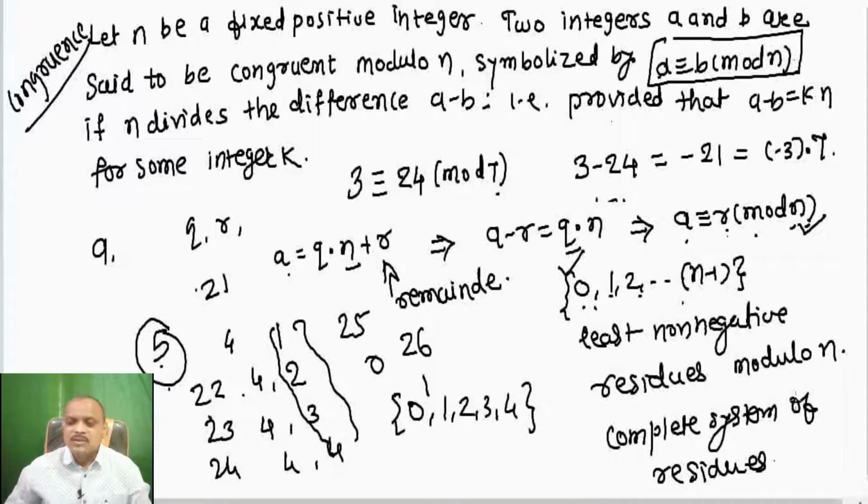Okay friends, so easily we can obtain the complete residue system of any number. Can you guess the residue system of 9? That is 0, 1, 2, 3, 4, 5, 6, 7 and 8. This is the complete residue system of the number 9.